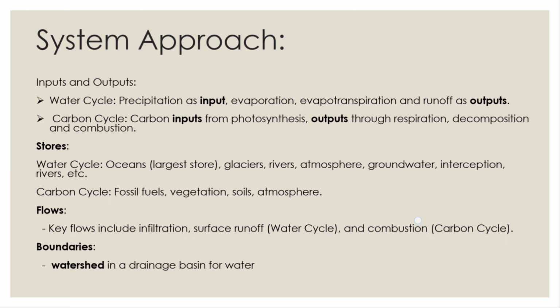So from the surface store, we go into our groundwater store. Hence, you can use flows and processes interchangeably, because the flow of something is achieved through the process of something. So the flow will usually allow us to go from one store to the next.